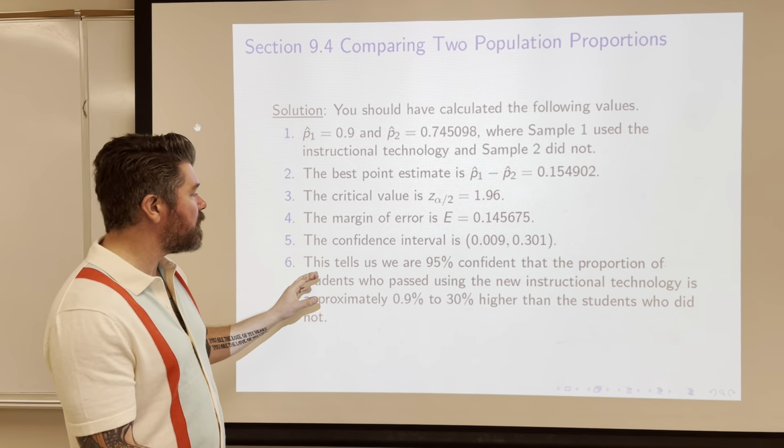So this tells us we're 95% confident that the proportion of students who passed using this new instructional technology is approximately, if we think of these as percentages, 0.9% to 30% higher than the students who did not use this new instructional technology.